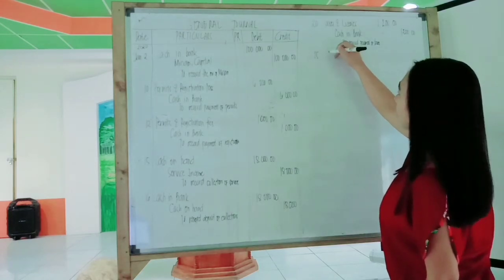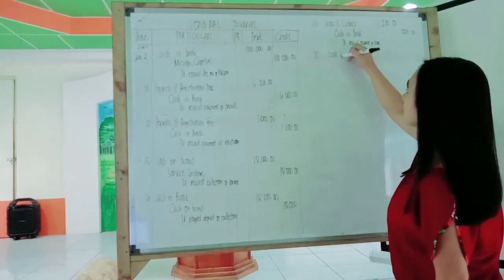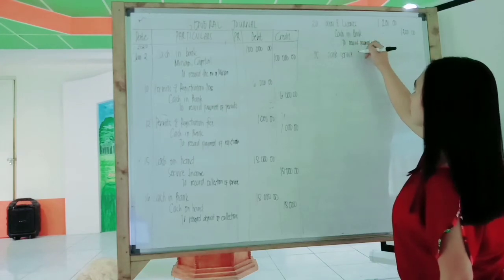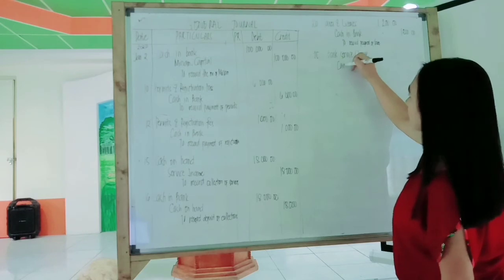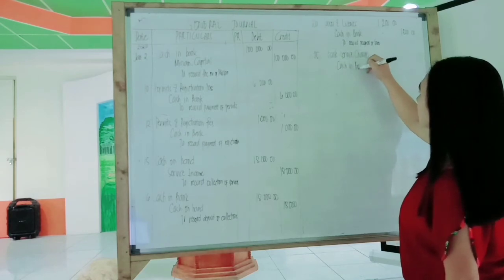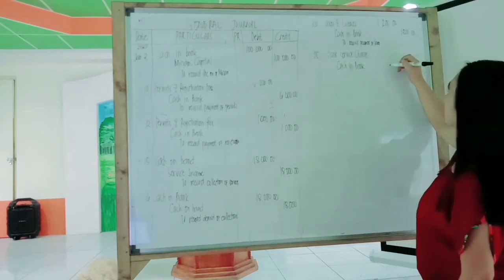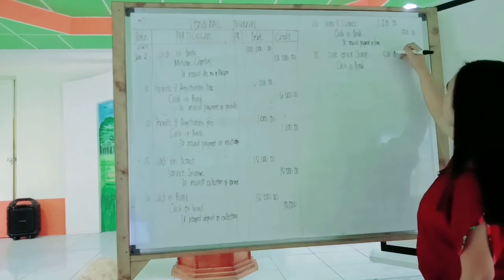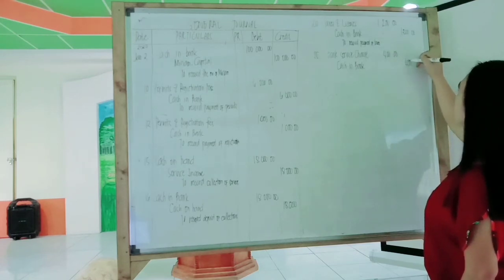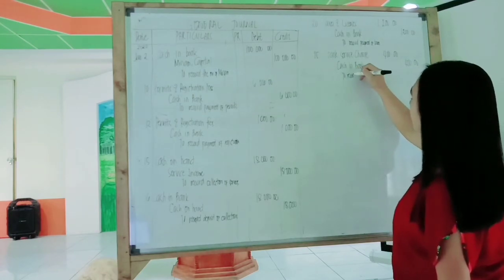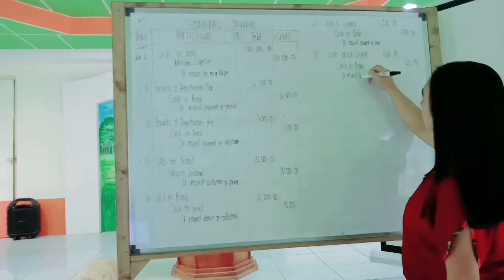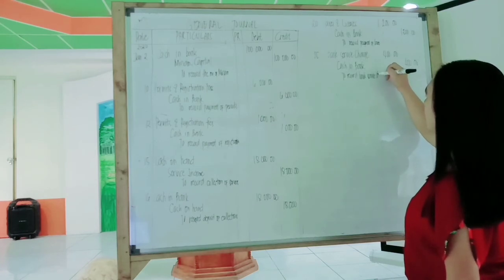So, i-debit natin ang bank service charge and then cash in bank. 400 pesos and then 400 pesos. Our explanation, to record bank service charge.